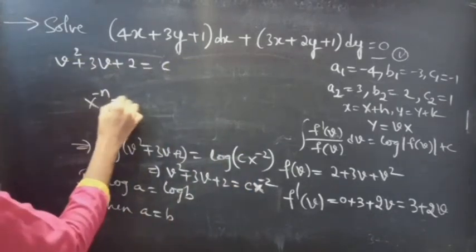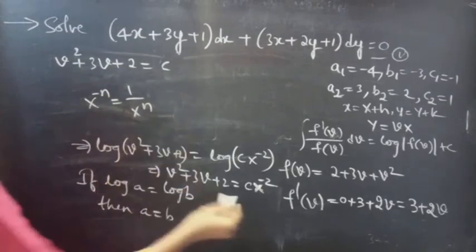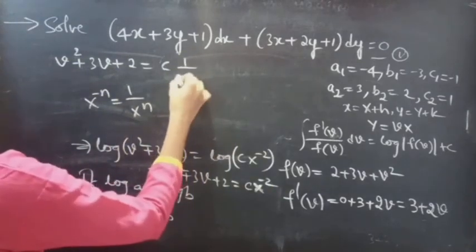We know that x power minus n can be written as 1 by x power n, so we can write x power minus 2 as 1 by x square.